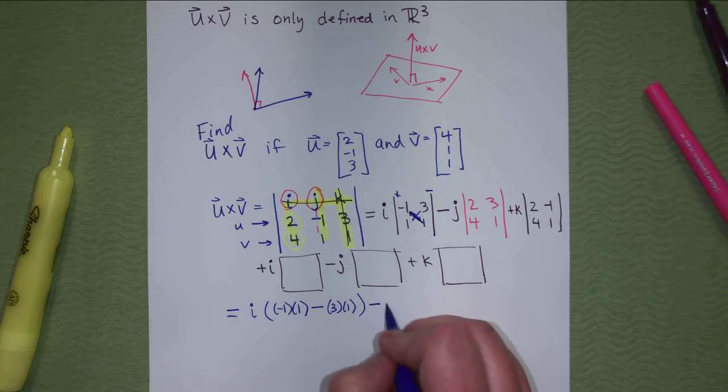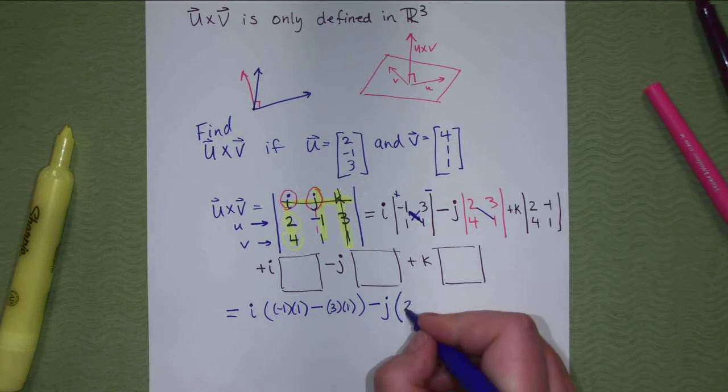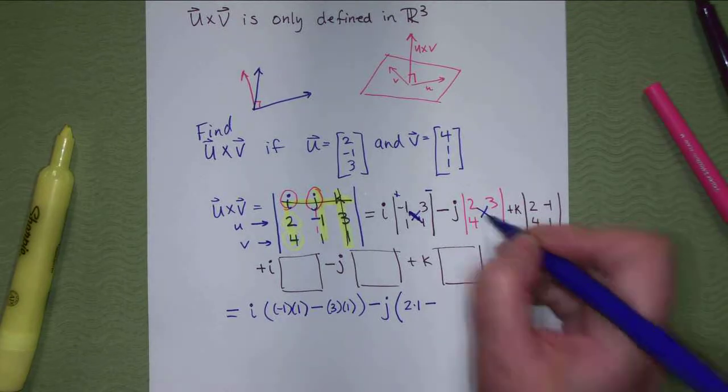Then minus J, and we do the same thing, cross. The first one is 2 times 1 minus 3 times 4.